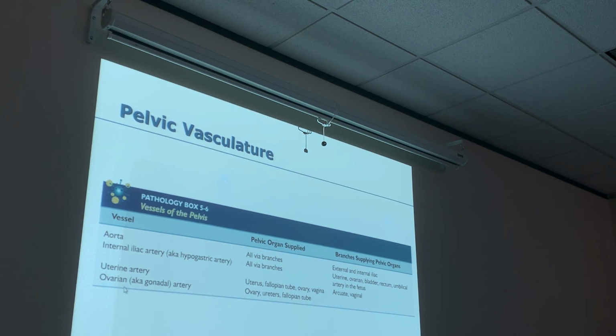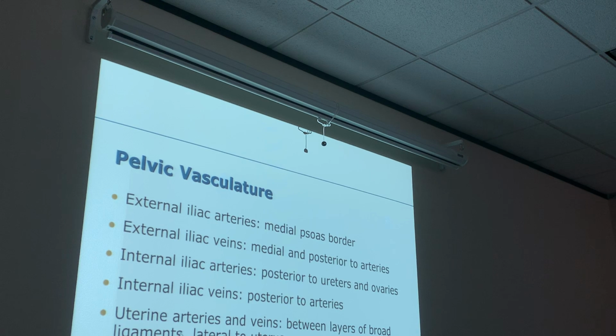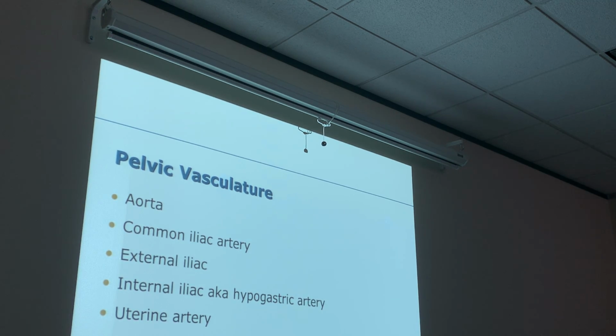The ovarian comes off of the aorta because I have testicular or gonadal arteries. So it goes aorta, common iliac, external iliac, and internal iliac. The internal iliac is called the hypogastric, and it branches off into my uterine artery.